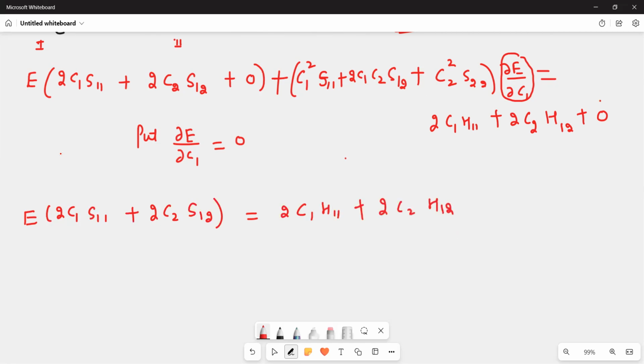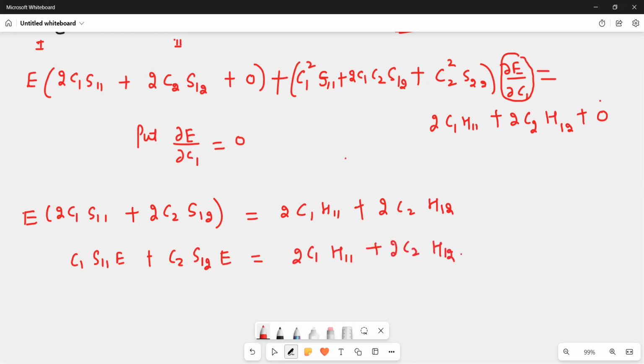Now you can see in both the terms, on the left-hand side and on the right-hand side, we have 2 which is common, so that will be cancelled out. So cancel out 2 on both sides and multiply E inside the bracket. You will get C1 S11 E plus C2 S12 E equals C1 H11 plus C2 H12.